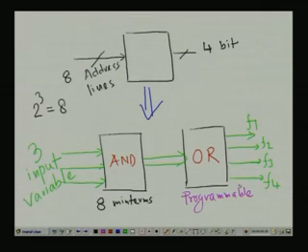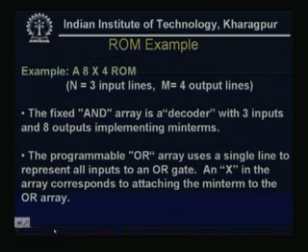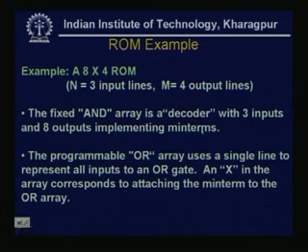So, this is my mapping of an 8x4 ROM, and this is the programmable thing. Now, this fixed AND array is nothing but a decoder, because it has 3 inputs, 8 outputs, that means it is a 3x8 decoder, and 8 outputs implementing minterms.